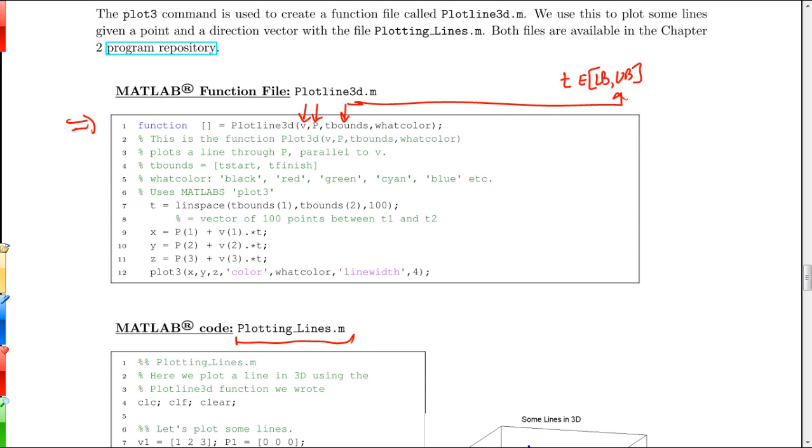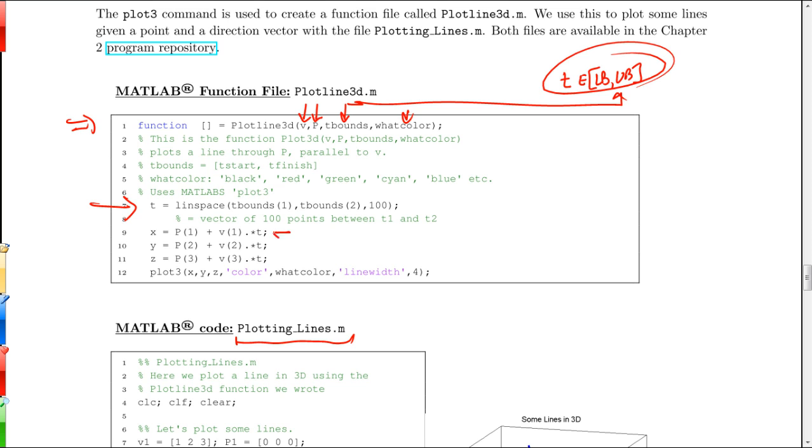It's actually a vector containing lower bound and upper bound. And then what color you want. And all this function does is it creates the parameter t that goes from the lower bound to the upper bound with 100 points. So you're going to plot 100 points to create this line.